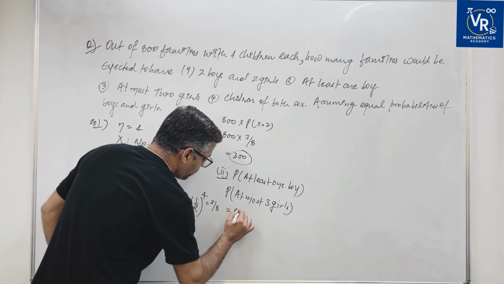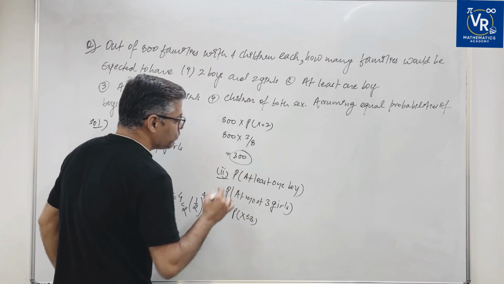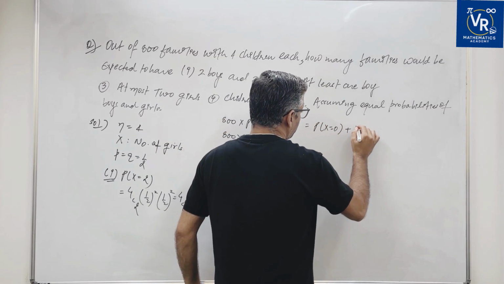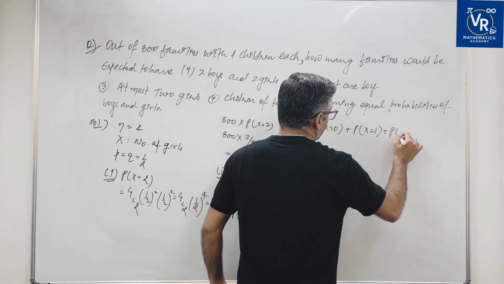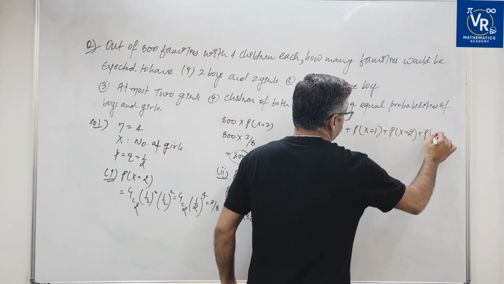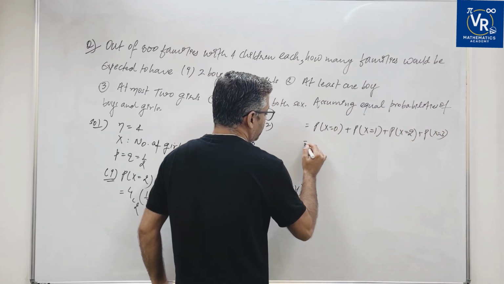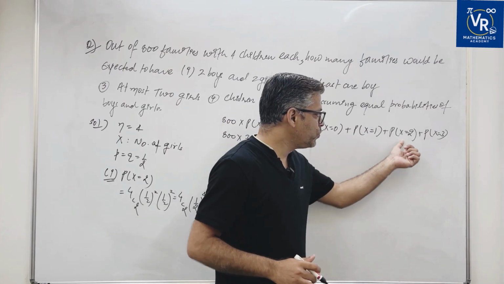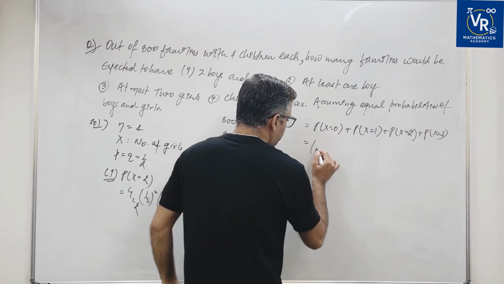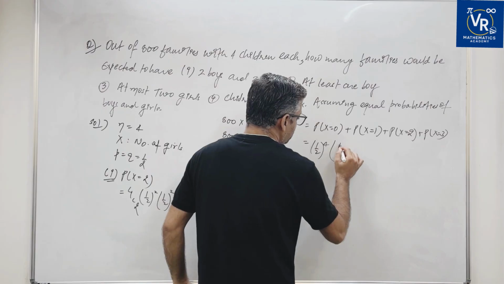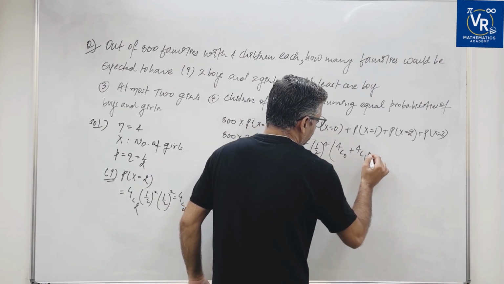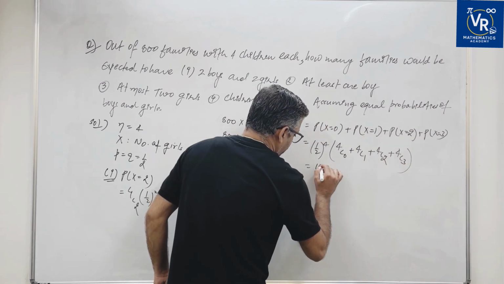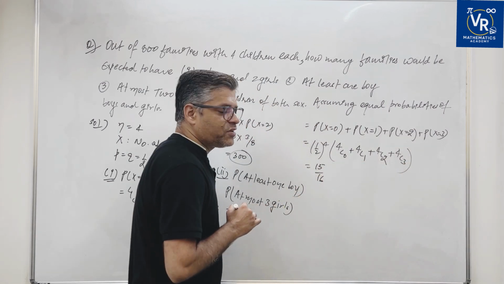So at most 3 girls, that is probability of x less than or equal to 3. And this can be written as probability of x is equal to 0 plus probability of x is equal to 1, probability of x is equal to 2 plus probability of x is equal to 3. We will put in the values, that is, we find out for 0, 1, 2 or 3. (1/2)^4 will be common in the calculation, and it will be 4C0 plus 4C1 plus 4C2 plus 4C3, which is 15/16.